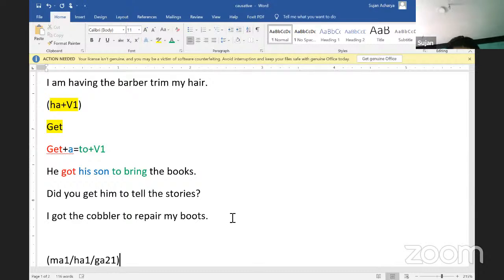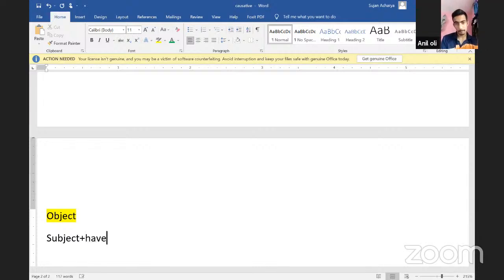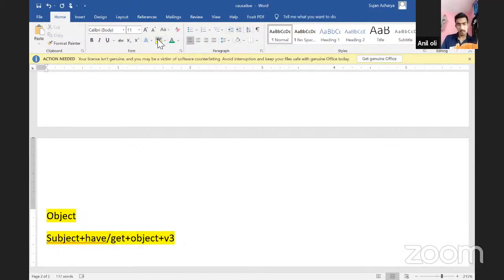Now, especially when we have an object, then subject plus make, have or get. Most of the time you will be asked to use have or get along with a subject followed by an object, then it takes V3. Have, get, make, whatever is followed by an object takes V3.